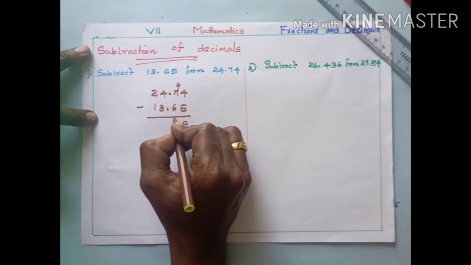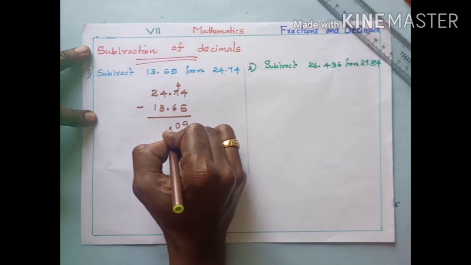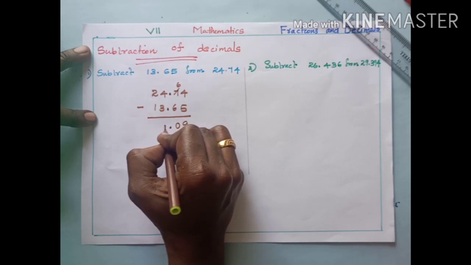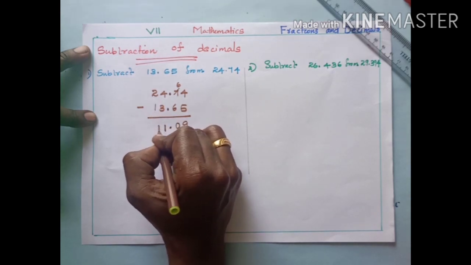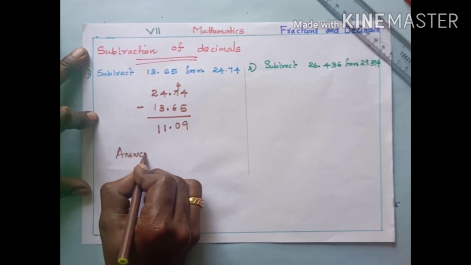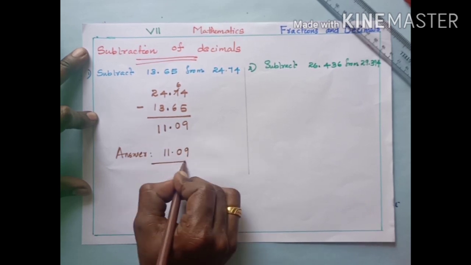Then 6 minus 6 is 0. Then put this point. 4 minus 3 is 1. Then 2 minus 1 is 1. So the answer equals 11.09.